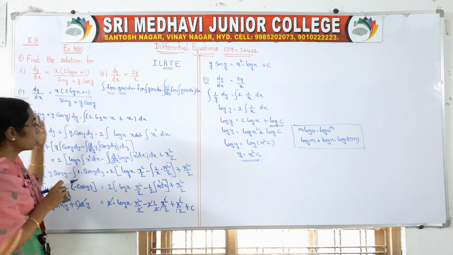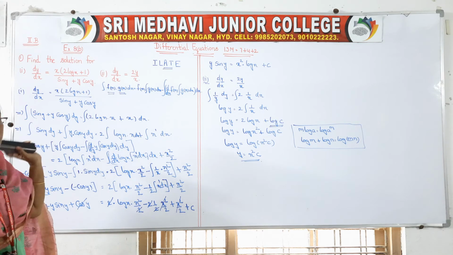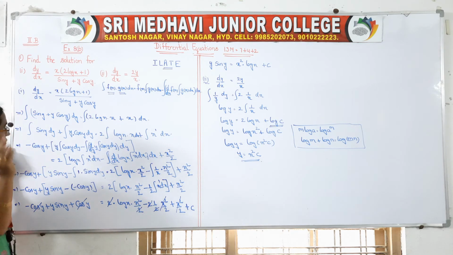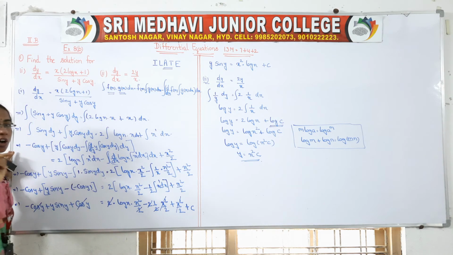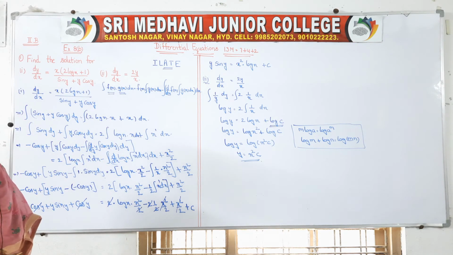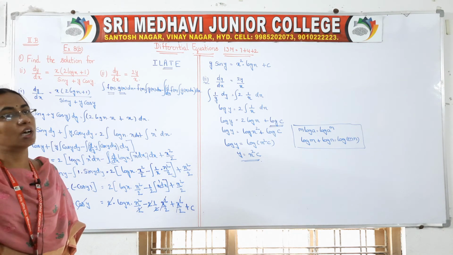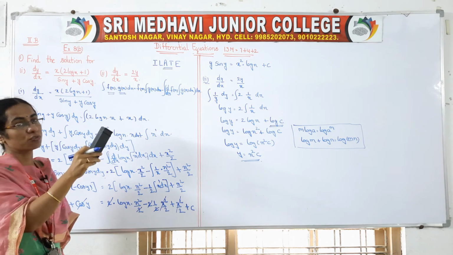And for the first question, solve this equation. Solve the differential equation. So be careful, in this problem we have taken the product form, isn't it? Formula of product form in integral. If 2 terms are multiplying, right, then we have to go for this formula.